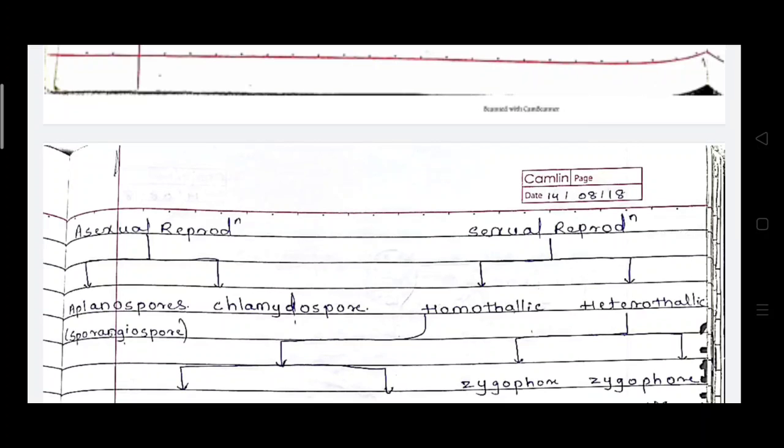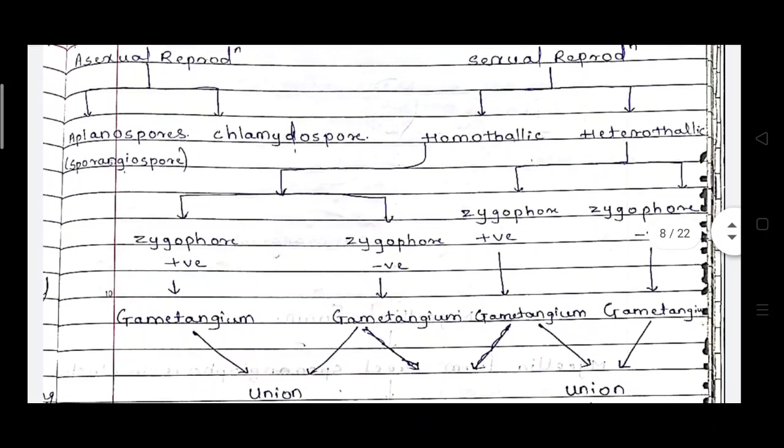Regarding sexual reproduction, there are again two types. One is homothallic and the second one is heterothallic. Homothallic means the zygospores, that is positive zygospores and negative zygospores, are present on the same thallus.